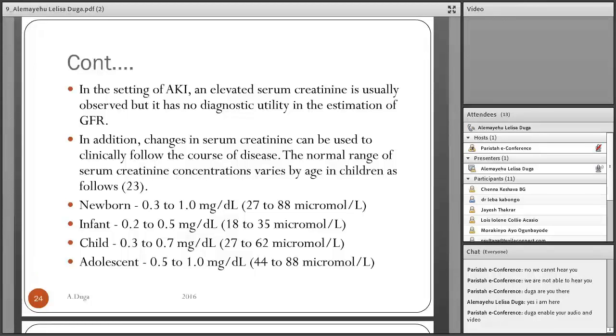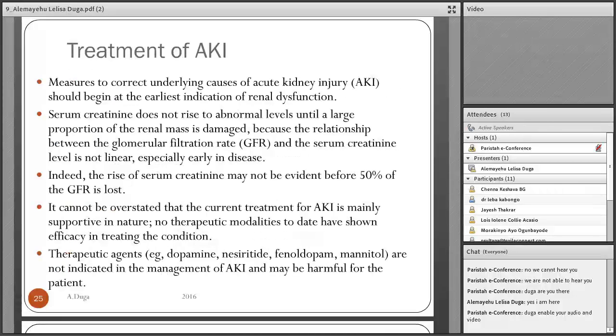Usually we have this parameter in newborn, infant, child, and adult. If serum creatinine concentration is greater than 1 milligram per deciliter in a newborn, we can have an indication of AKI. Infant and child values you can easily see in my presentation as displayed.